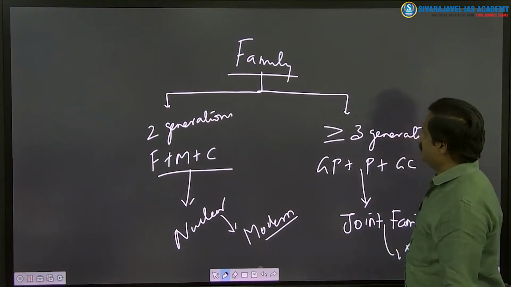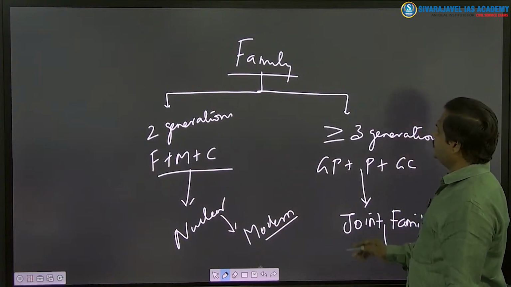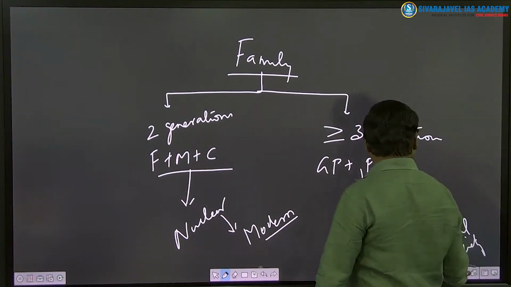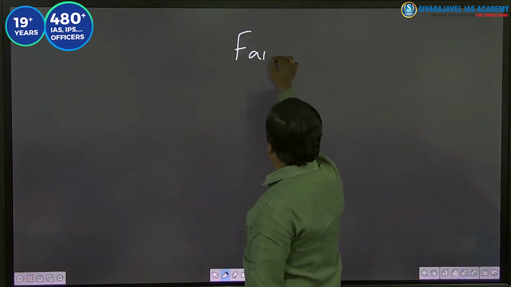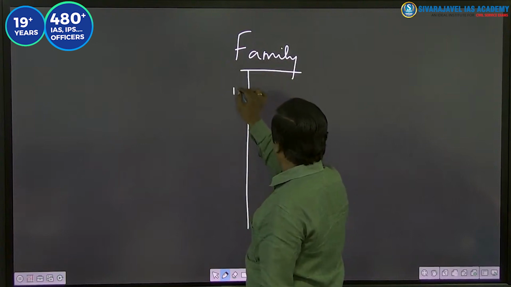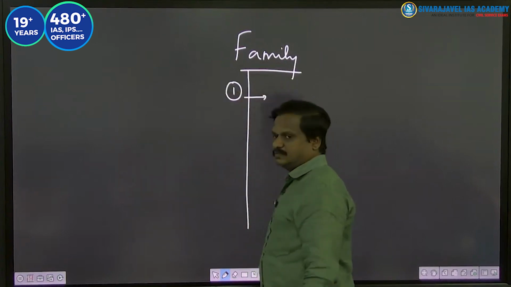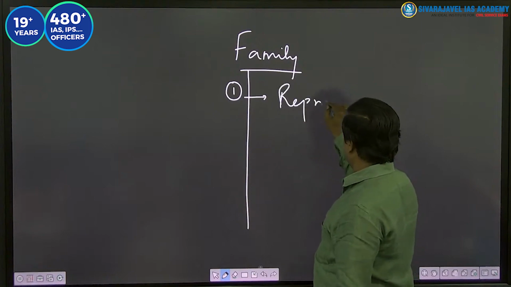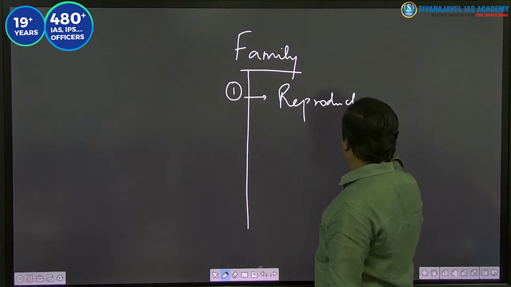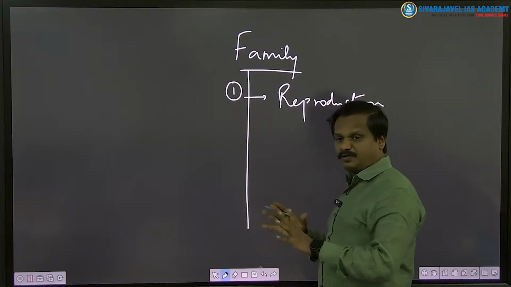Okay. So family is needed for what? Family is needed for reproduction. Only through family can children be produced.